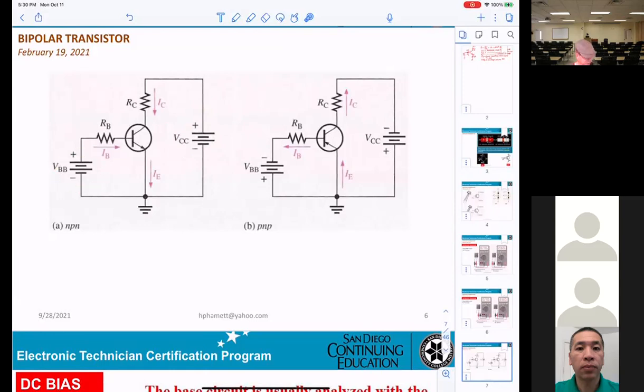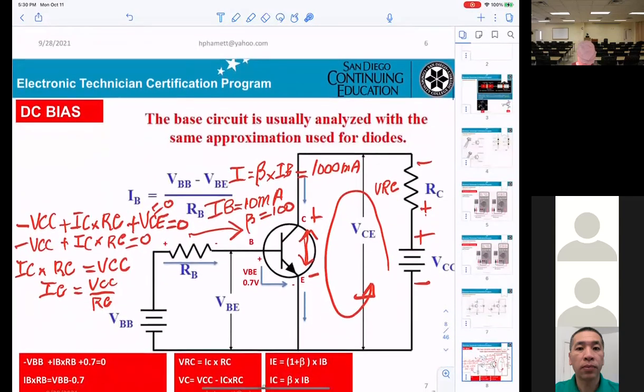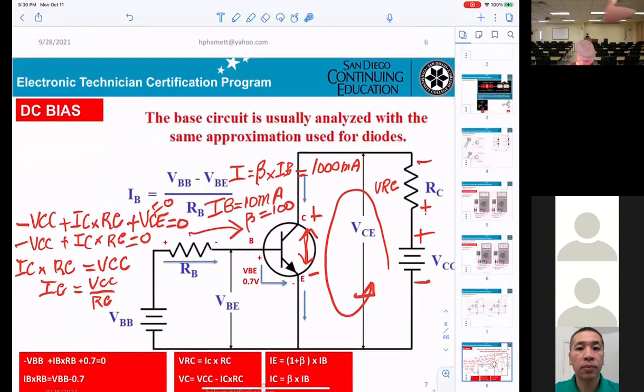And we're supposed to be able to calculate IB, IC, IE, or VB, VC, VE. That is what we're talking about, DC bias. Without DC bias, it cannot work.